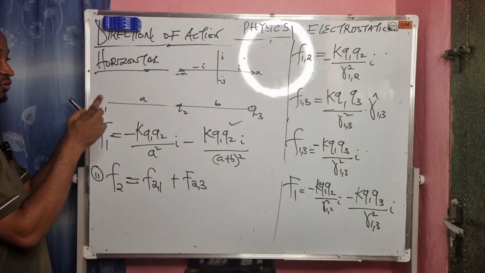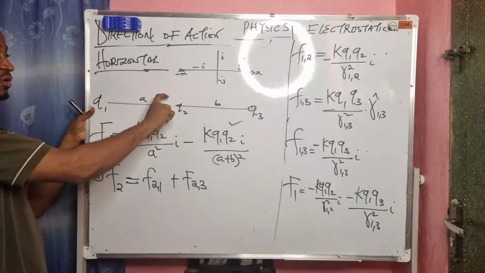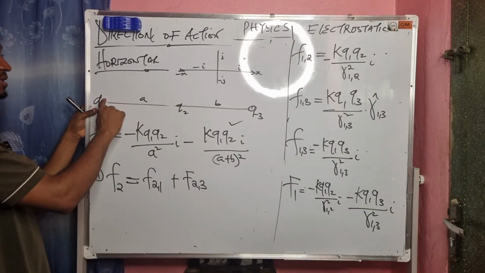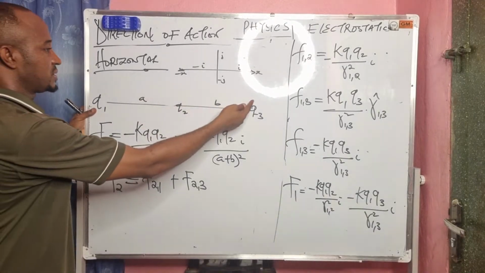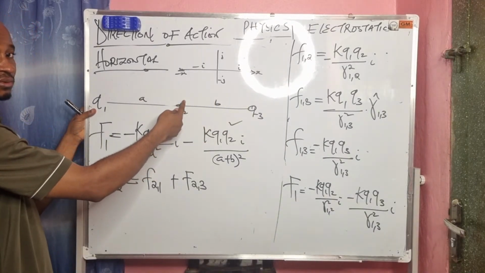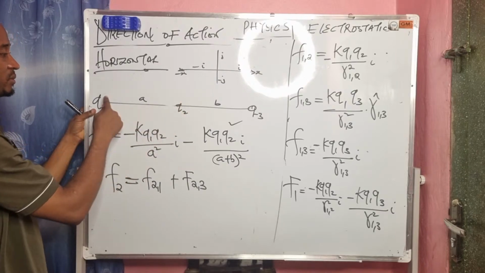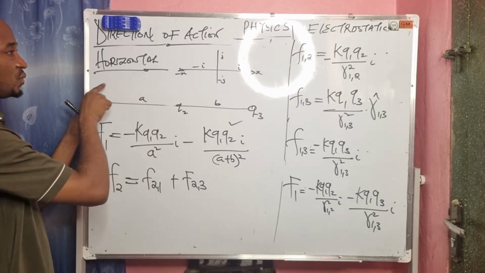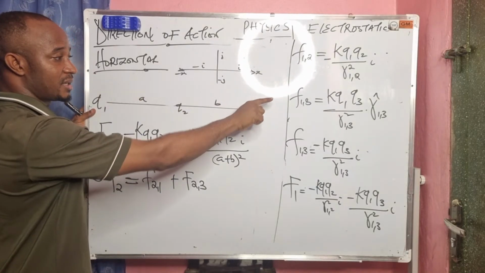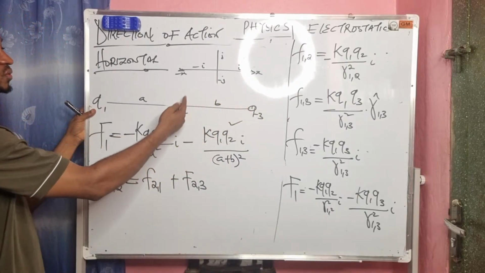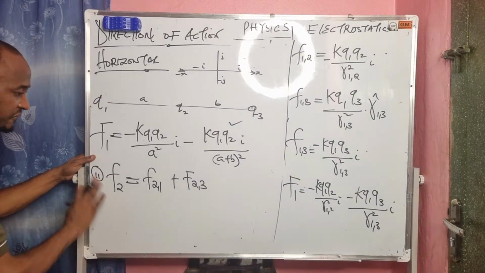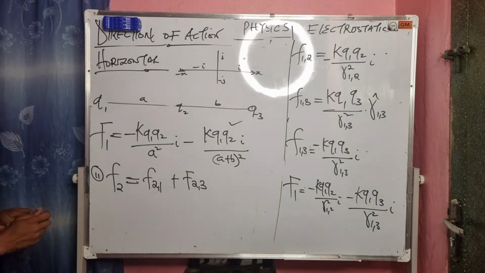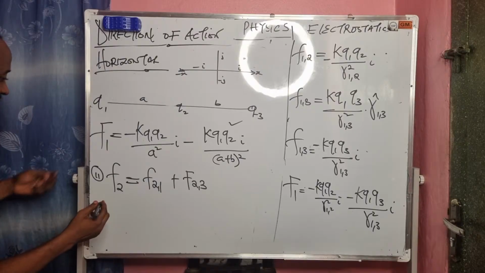Meaning to find the force on charge 2, the action of force will be from charge 1 to 2, then from charge 3 to 2. Do you get the concept? From charge 1 to 2, we are going towards positive I. From charge 3 to 2, towards negative.